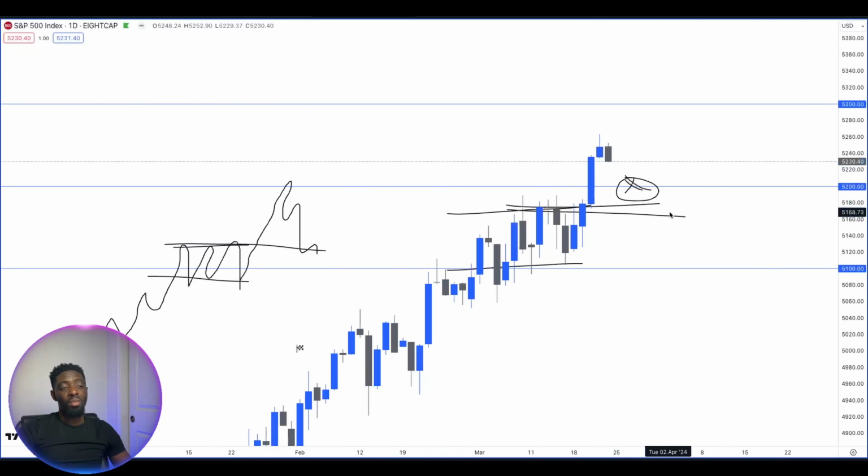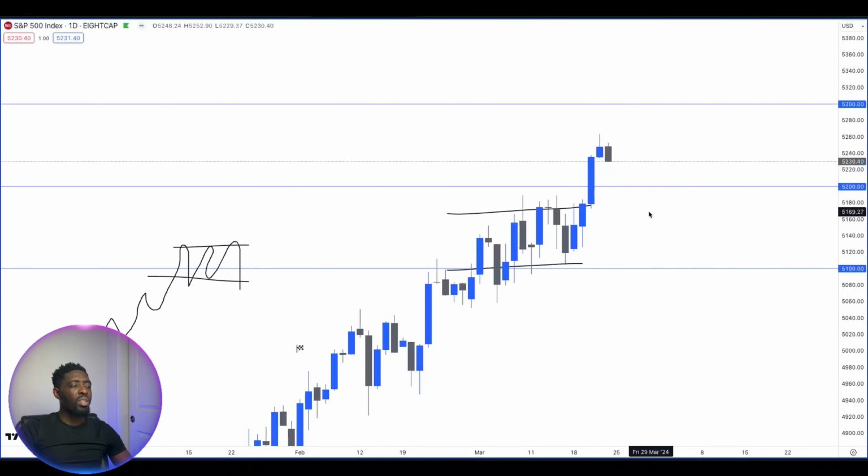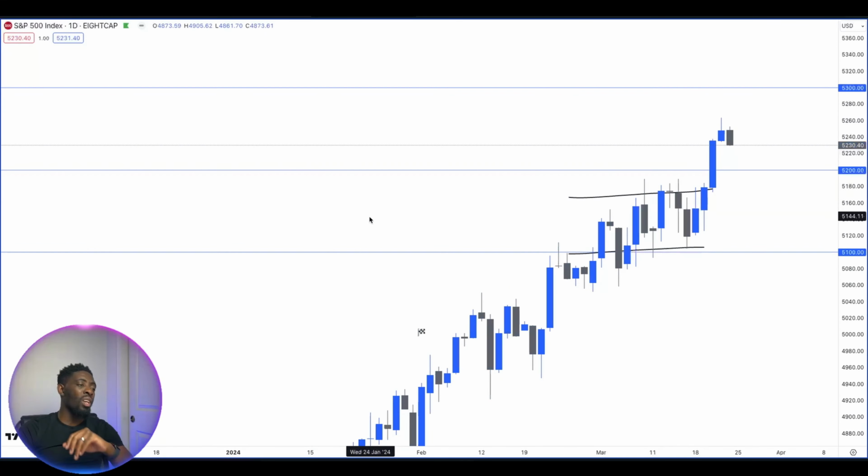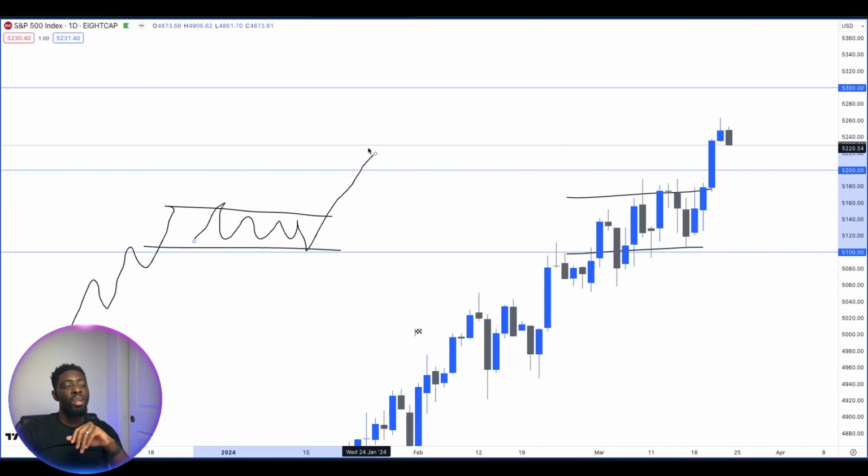So the S&P 500 and US30 have a similar move right now. They all have this range and then a massive break. So we're expecting prices to come to the downside. Another thing you can do is look at it from lower time frames. So let's say you have a move to the upside, you have this range, you have a massive break.